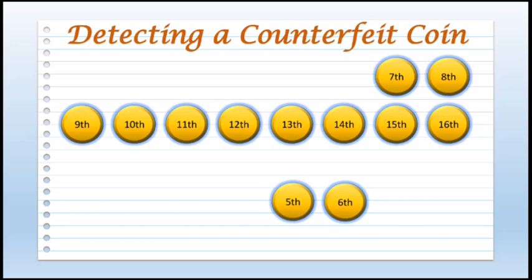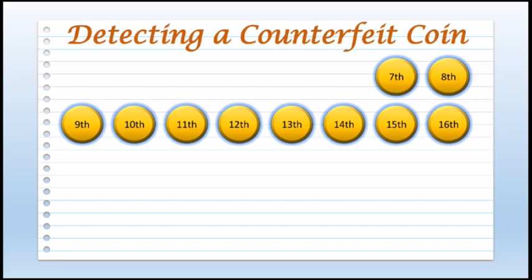This process of finding the counterfeit coin is time consuming. So there is another approach to find the counterfeit coin, by using a divide and conquer strategy.